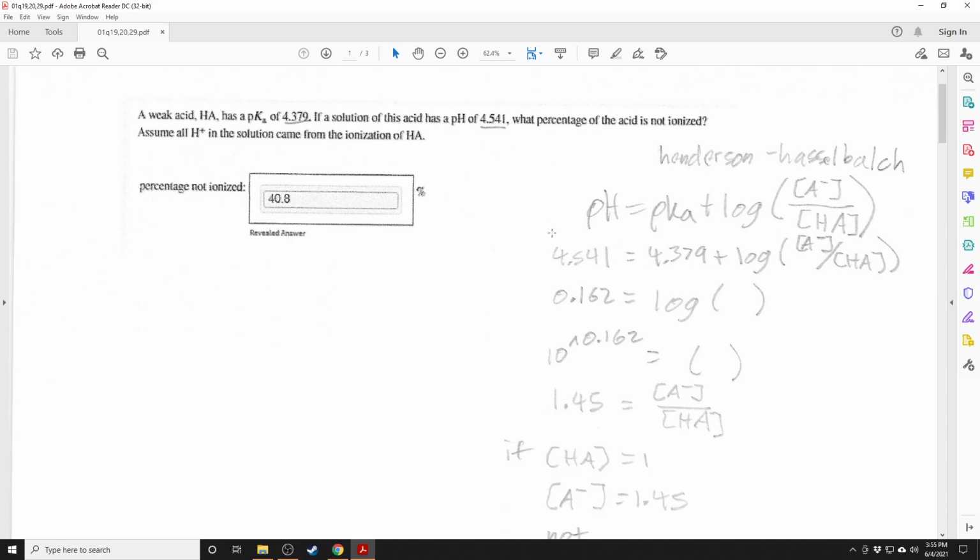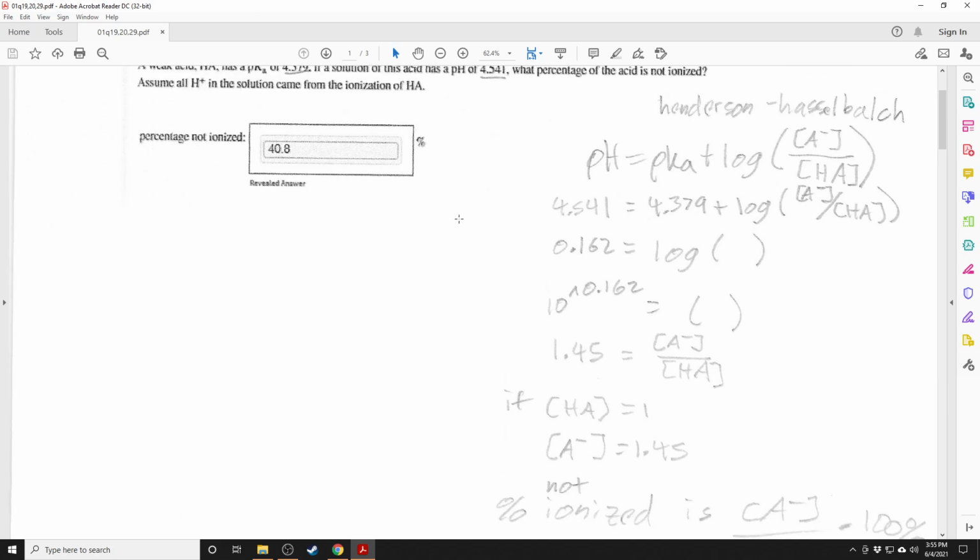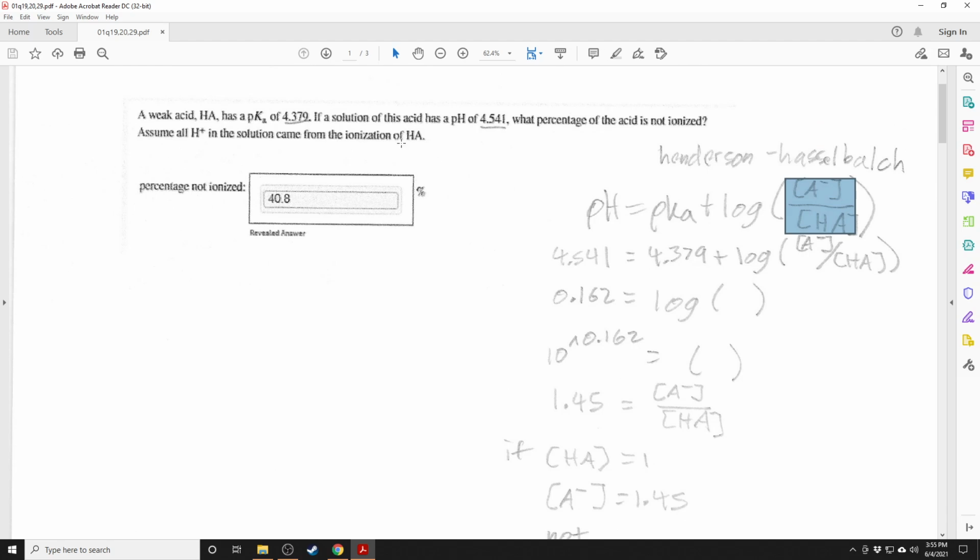And really, they only differ in how you treat this resulting overall A minus over HA number that you're going to get. So in each of these, you have to do slightly different things with the number because they each ask for slightly different outputs. All of them are related to this, but you have to do a little work on it.